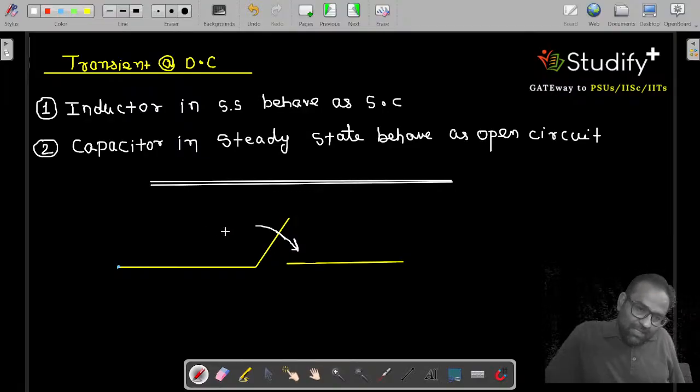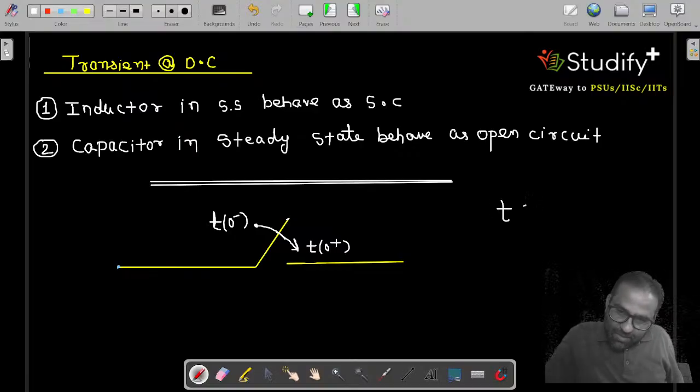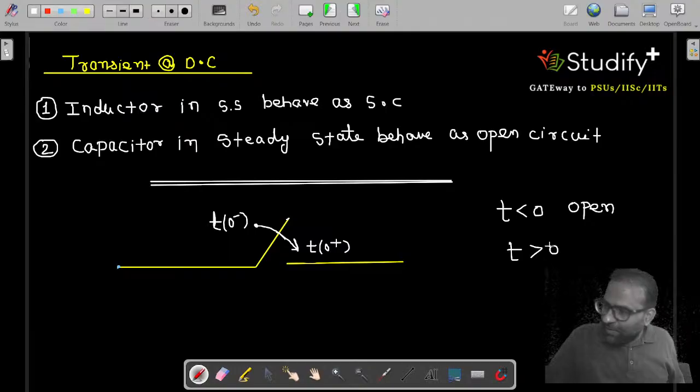If I change the switching style, this tail will represent t equal to 0 minus, and this is 0 plus. Or I can say for t less than 0 the switch is open, and for t greater than 0 the switch is closed.